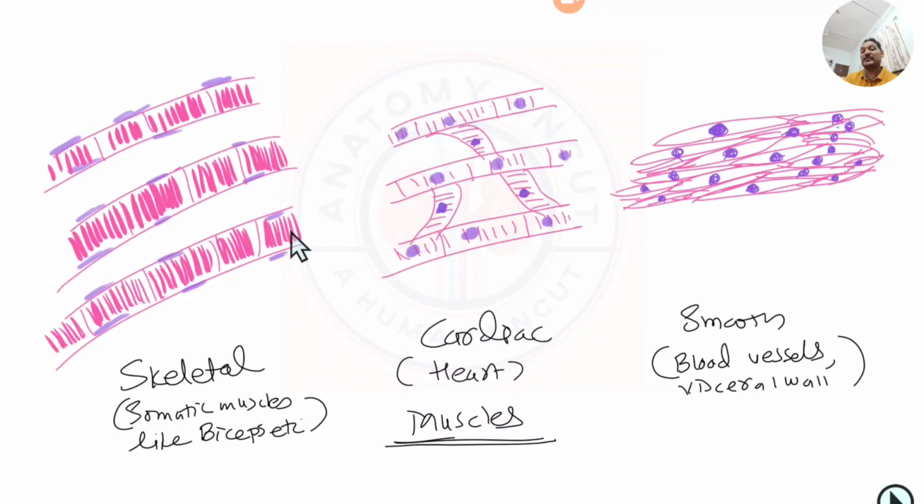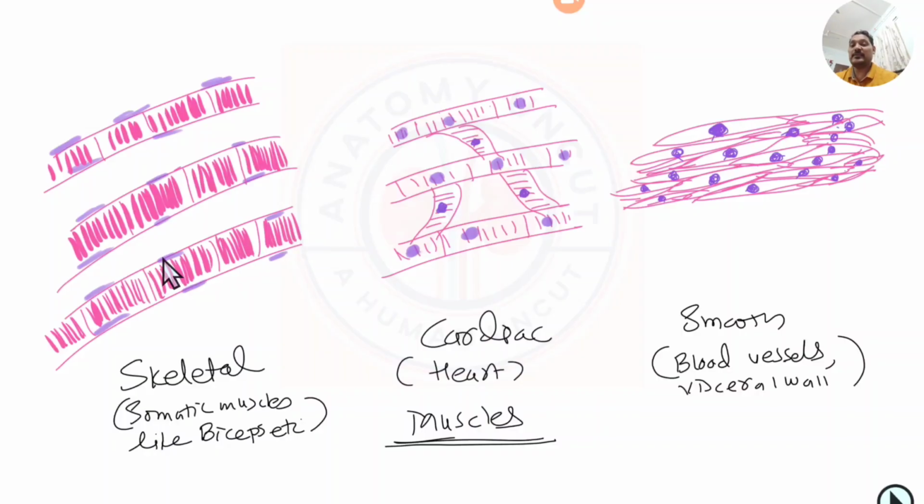Now this is the major muscle in your whole body: your arms, your legs, your forearm, your head, your abdomen, thighs, everything has this kind of muscle, the somatic muscles or skeletal muscle, that you can control, and they need to perform heavy powerful action, and that is why they are heavily striated.